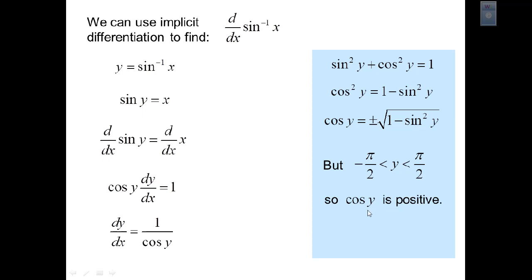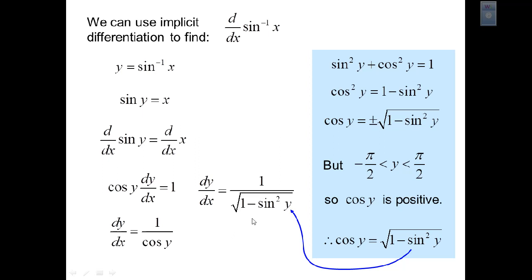That's in quadrants 1 and 2. And cosine, the x value, is always positive in those two. So we can get rid of the minus part. So it's only the positive square root. So therefore, the cosine of y is the square root of 1 minus sine squared y. So we can put that in place of this right here.